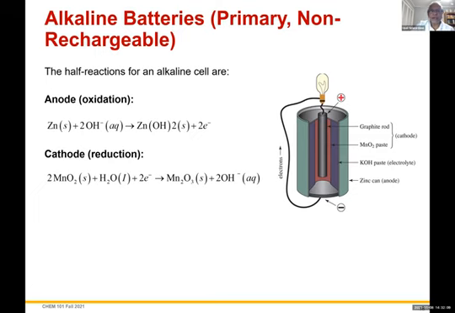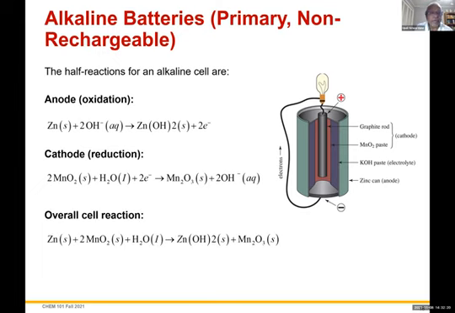So charge is balanced, 2 electrons from the oxidation half reaction and 2 in the reduction half reaction. Overall, zinc reacts with manganese dioxide and water. Zinc hydroxide is produced, and manganese 3 oxide is produced.